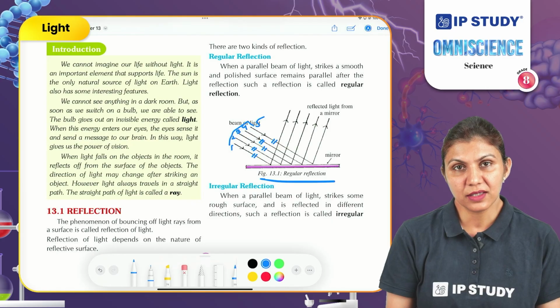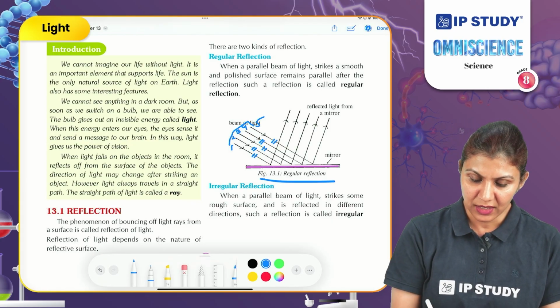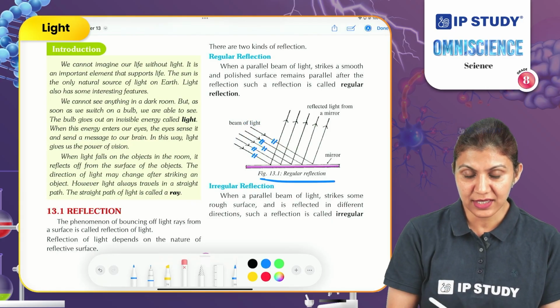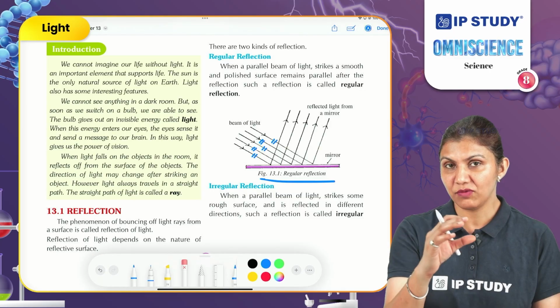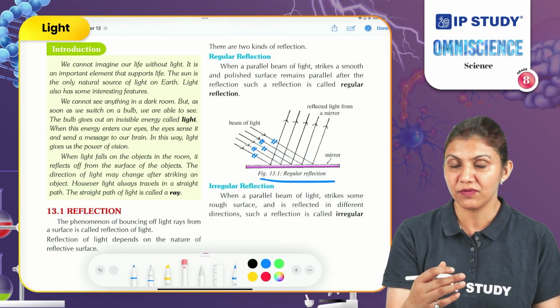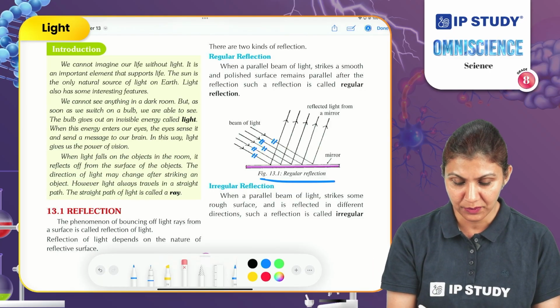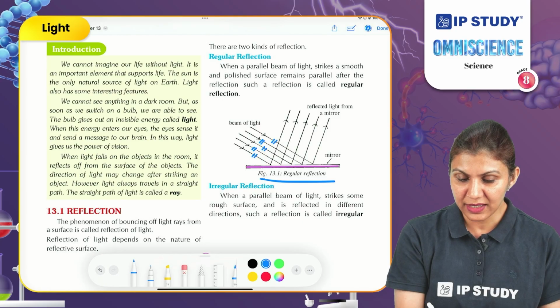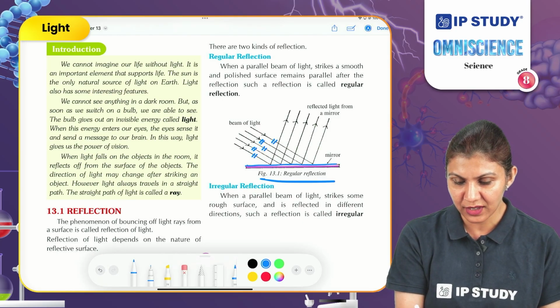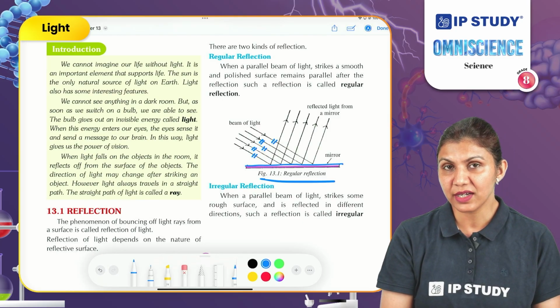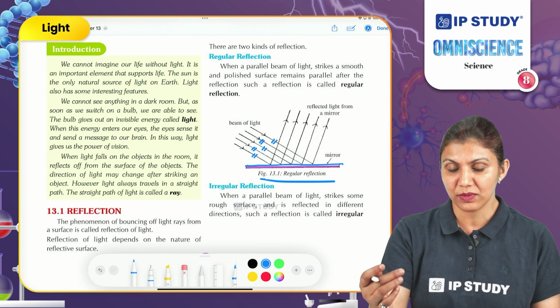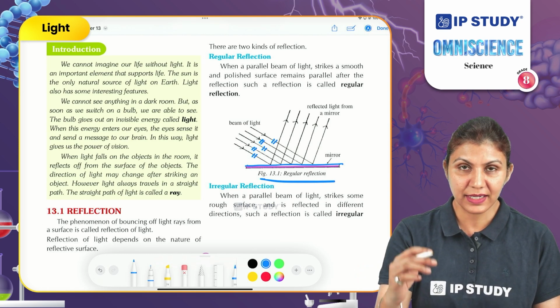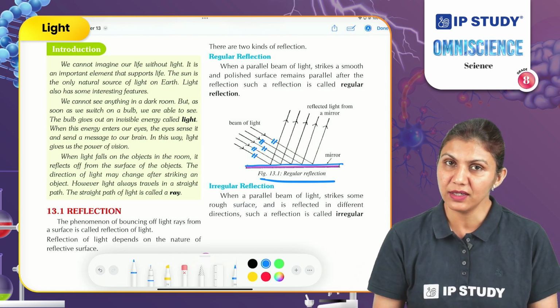In figure 13.1, light rays are coming in the form of a light beam where different light rays are parallel to each other, and then they strike a surface here, and after interacting with the surface, they are all directed into different paths.